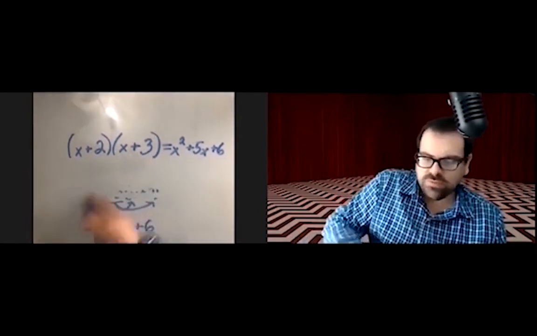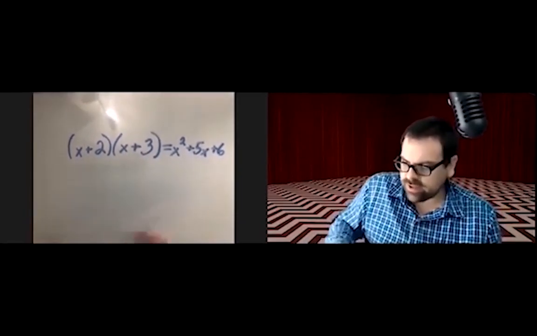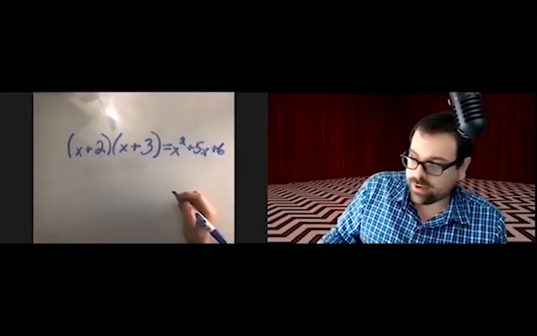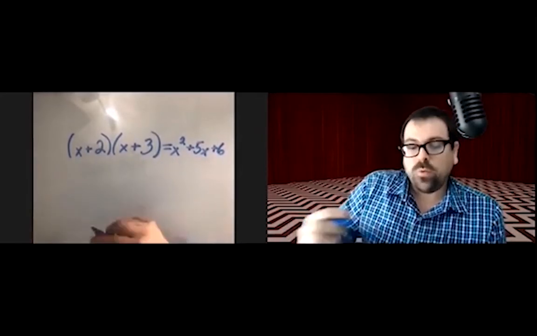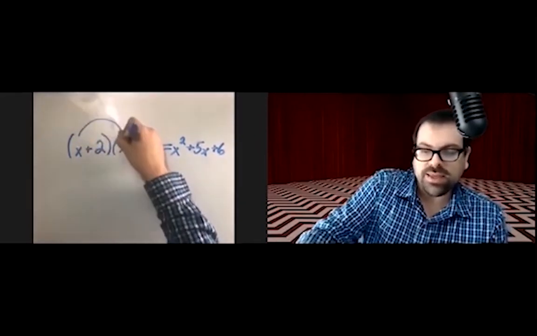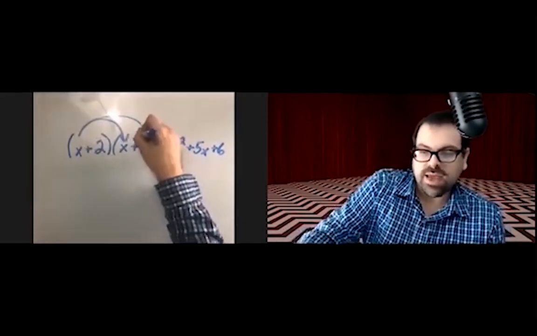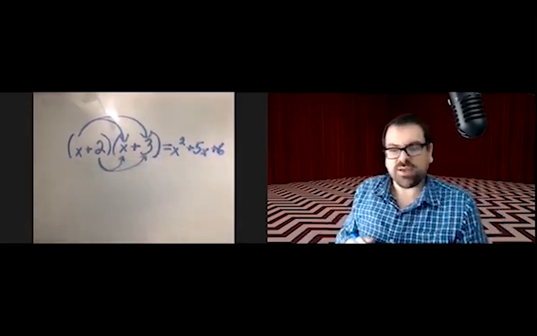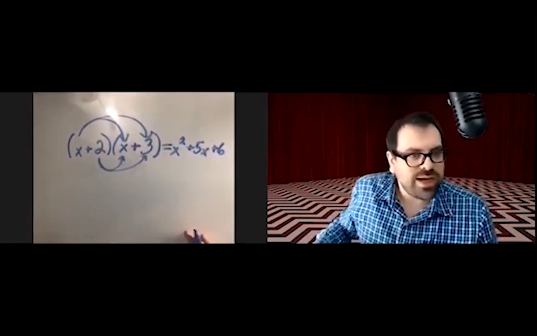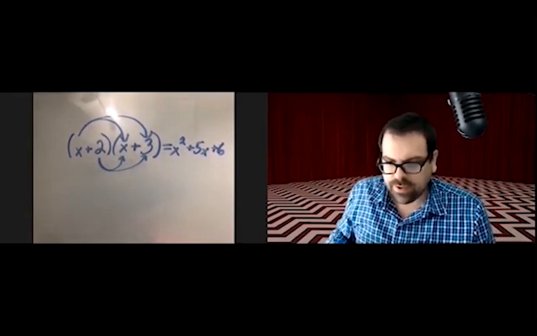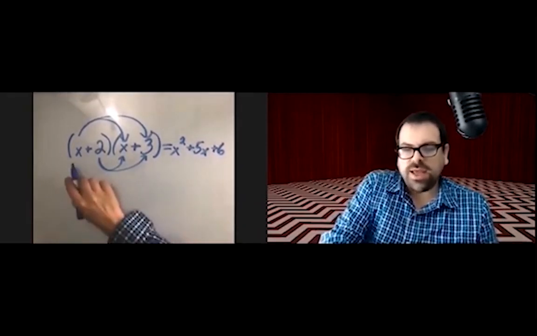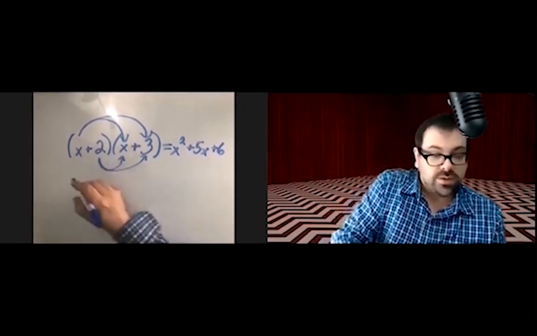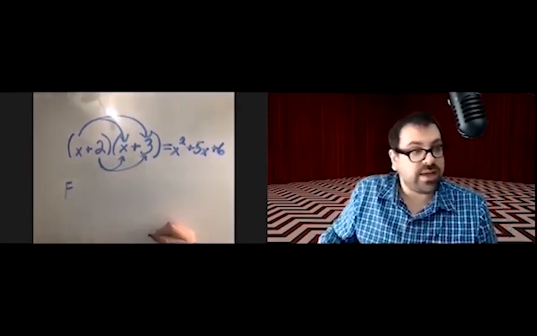When it's just a binomial times a binomial like this, there's a bit of a shortcut where we would multiply the x times both things, and then we would multiply the 2 times both things, because that's what we ended up doing anyway in the long run. And here, multiplying this x times this x, it's like multiplying the first terms together.